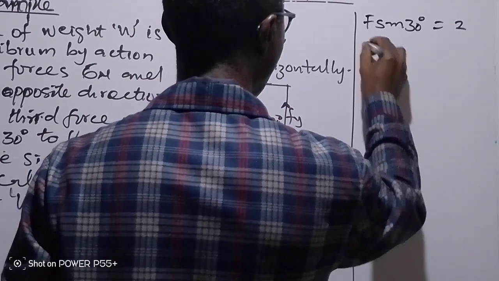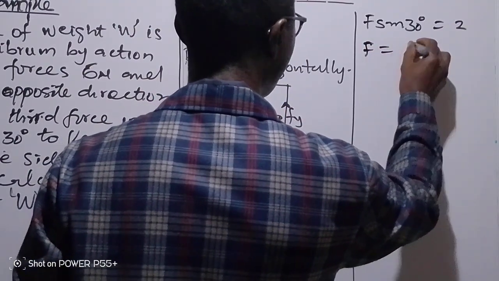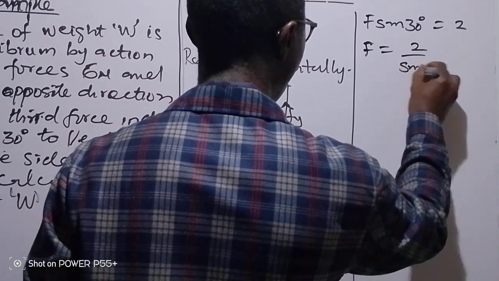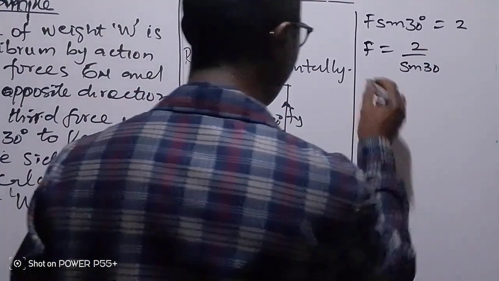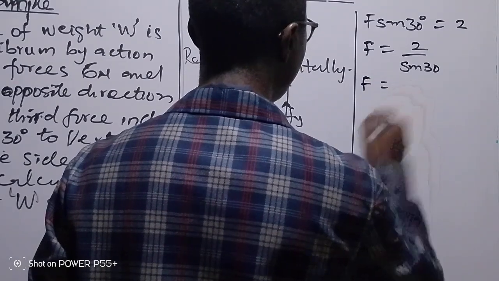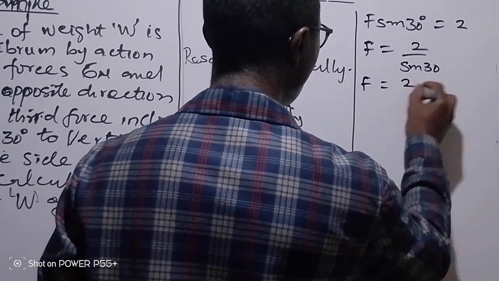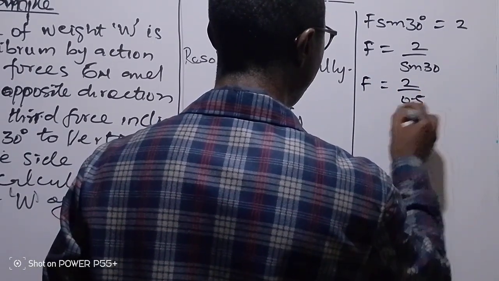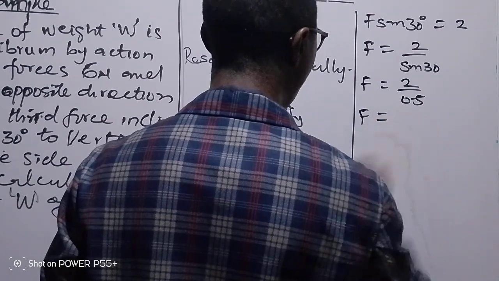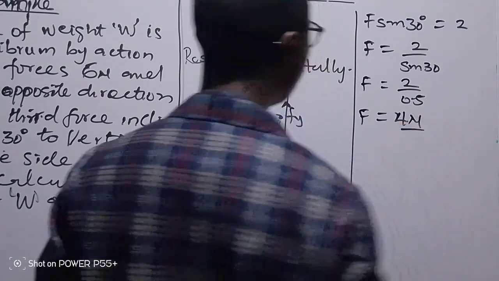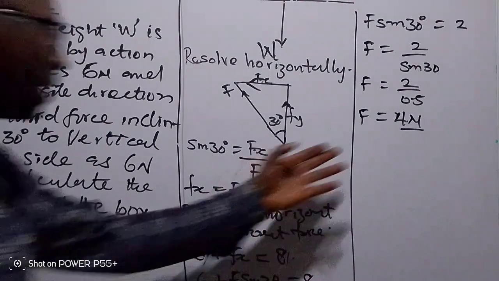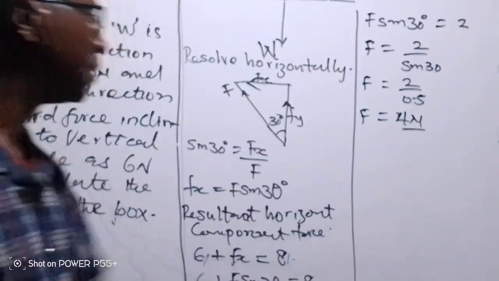Therefore, F now will be equal to 2 over sine 30, and sine 30 is 0.5. So F now will be equal to 2 over 0.5. So the answer for this one will be 4 Newton. That's the value of F according to the question.